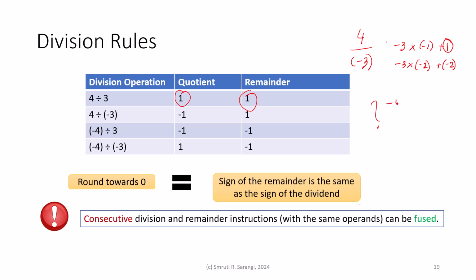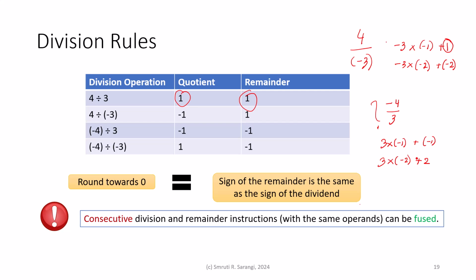Similarly, let me divide minus 4 by 3. So this would basically become 3 times minus 1, which is minus 3, plus minus 1. The other solution would be 3 times minus 2, which is minus 6, plus 2.